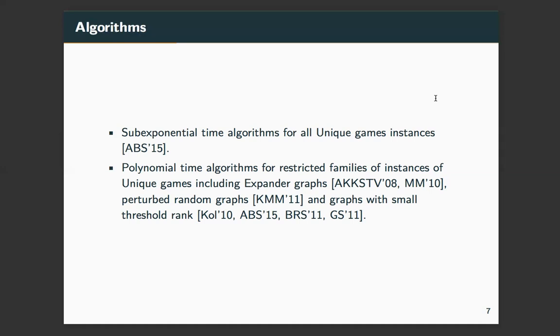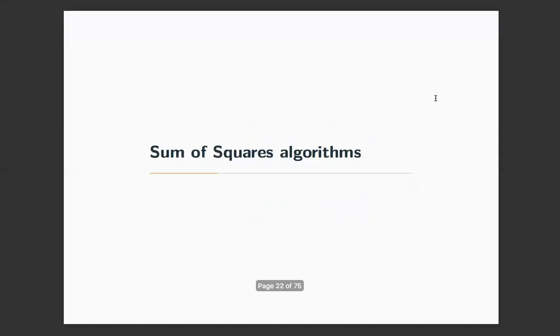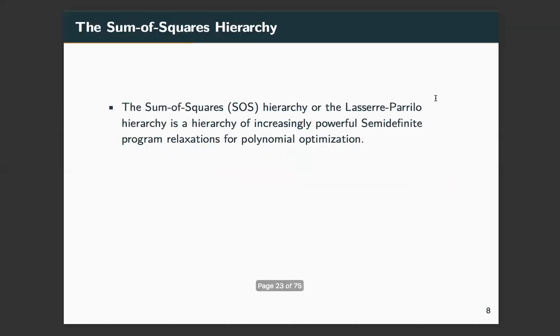Today, we will discuss algorithms for UG and, moreover, a specific class of algorithms known as the sum of squares algorithms. The sum of squares hierarchy, or the Lasserre-Parrilo hierarchy, is a hierarchy of increasingly powerful semi-definite programming relaxations for polynomial optimization. Notice that one can write the objective function for any CSP, such as maximizing the number of satisfied clauses in a 3-SAT formula, or maximizing the number of equations satisfied in a UG instance, as optimizing some polynomial over the Boolean hypercube.